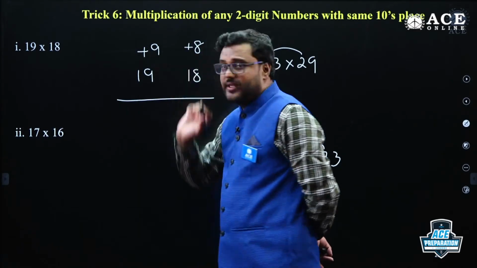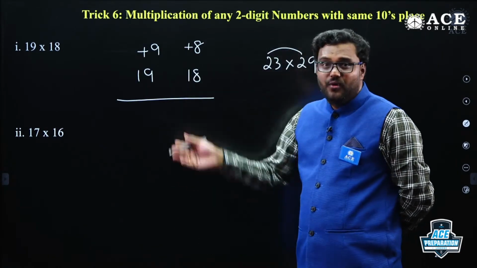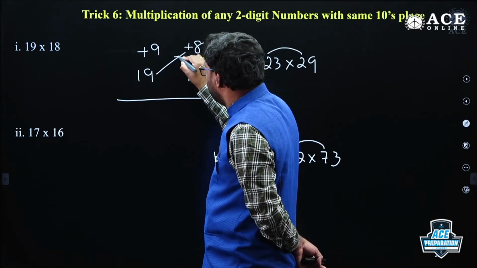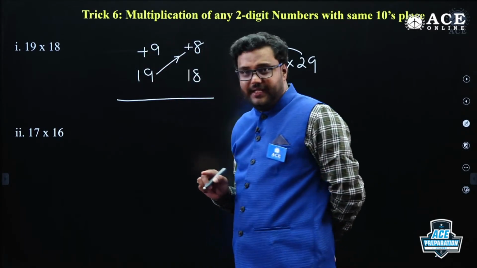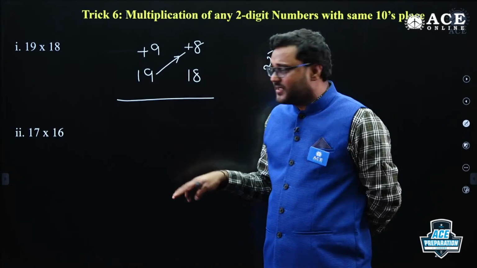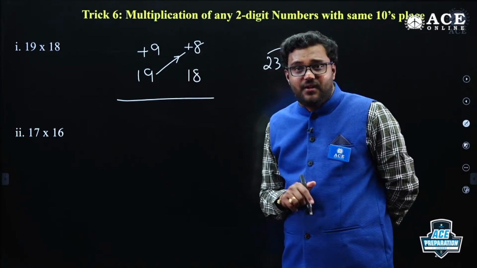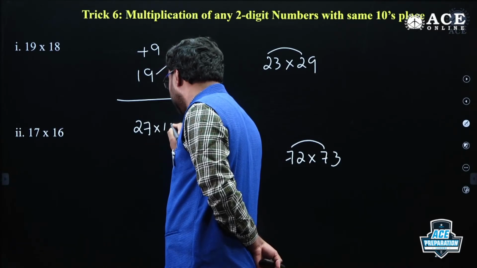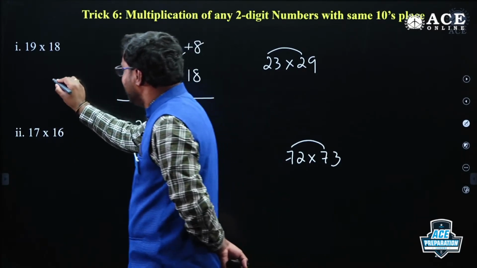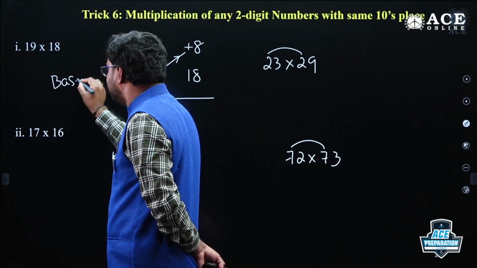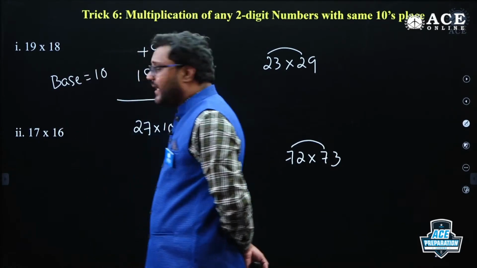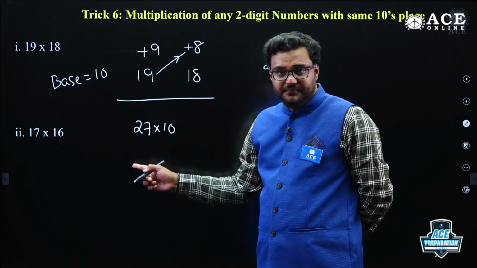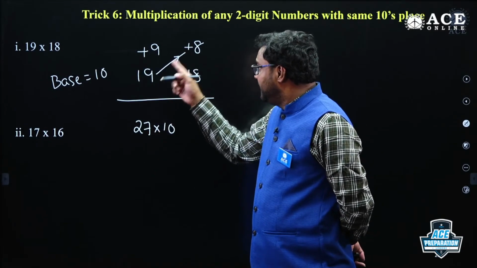Now 19 plus 8, or 18 plus 9, both will be the same, 27. I take the base as 10, so 27 into 10.